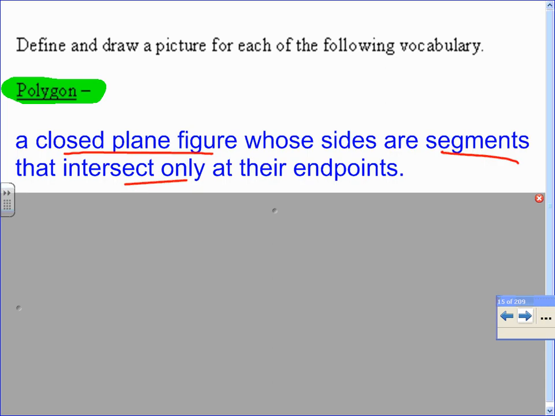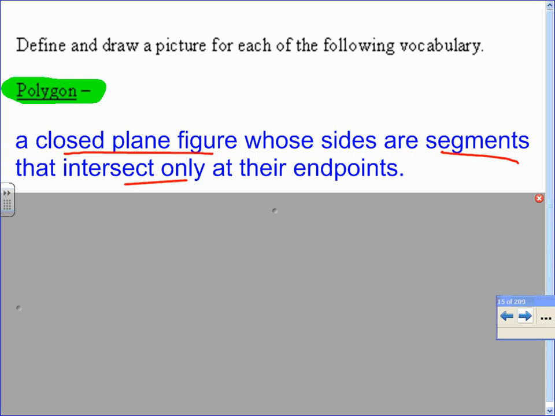A closed plane figure whose sides are segments that intersect only at their endpoints. Polygon, a closed plane figure whose sides are segments that intersect only at their endpoints. So it has to be closed, it has to have segments, and it has to intersect.